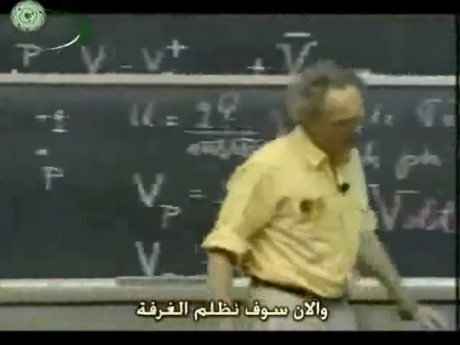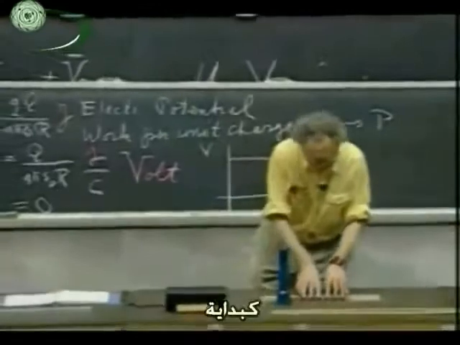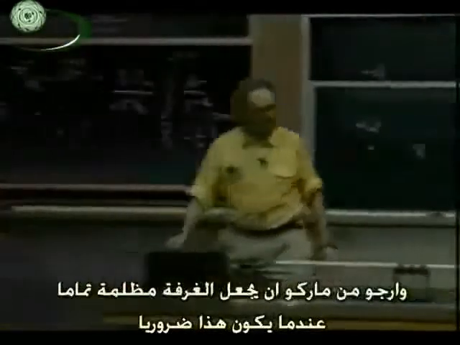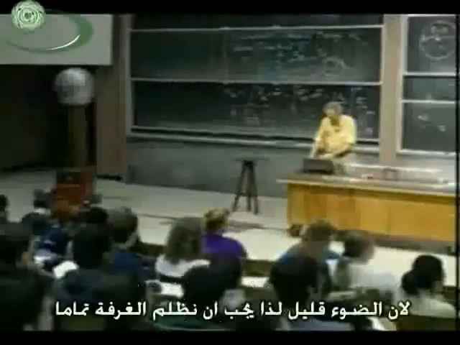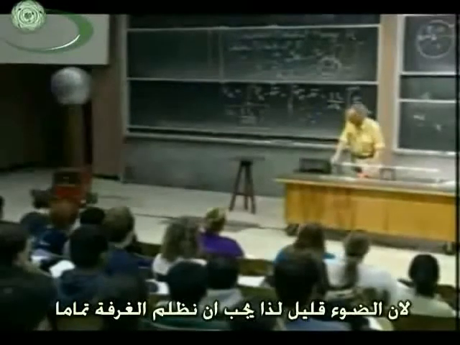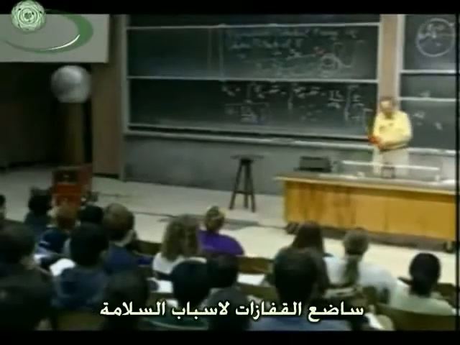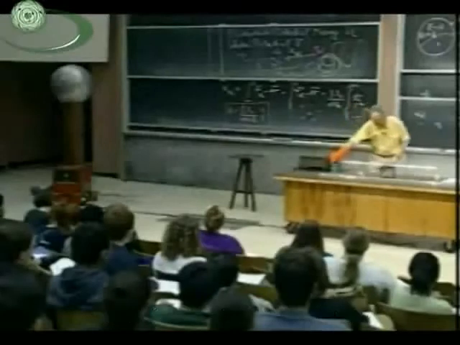So if we can make it a little darker as a start, and I'll start the Van de Graaff, and then if Marcos comes to make it completely dark when necessary, because the light is so little that we really have to make it completely dark, I will put on a glove for safety reasons, although I don't think it will do me much good.